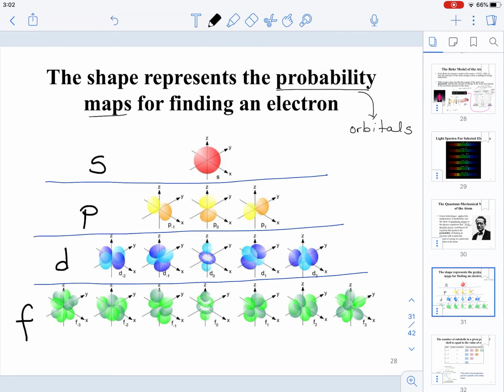He also determined that each one of these probability maps can hold 2 electrons.